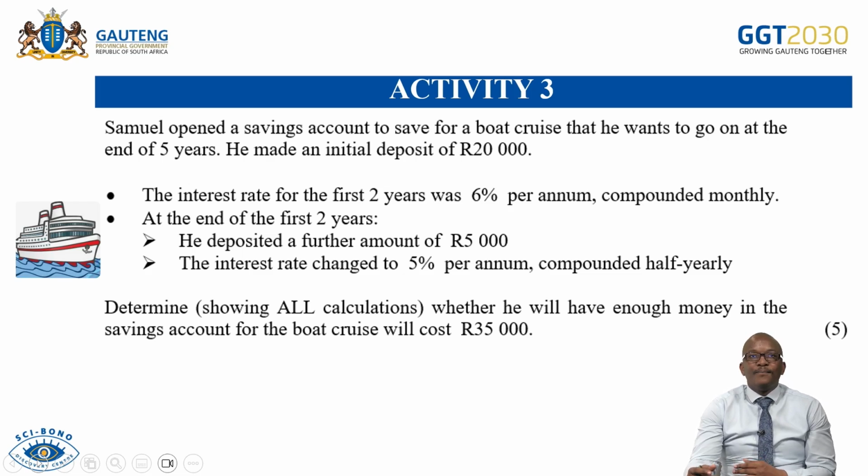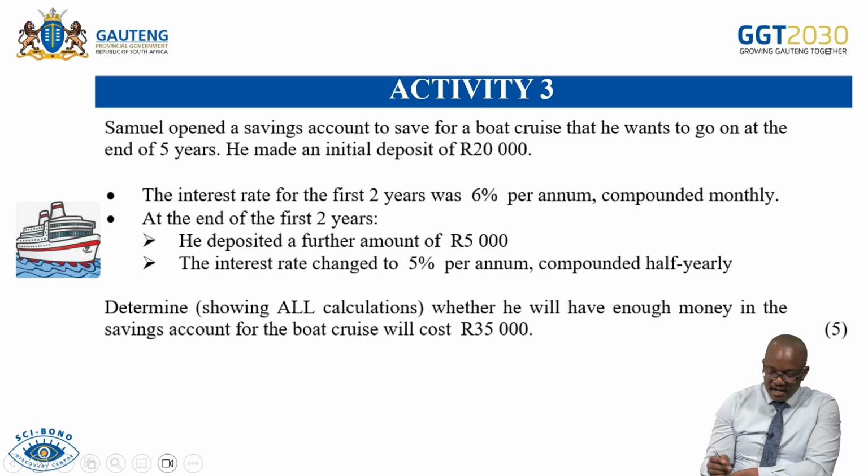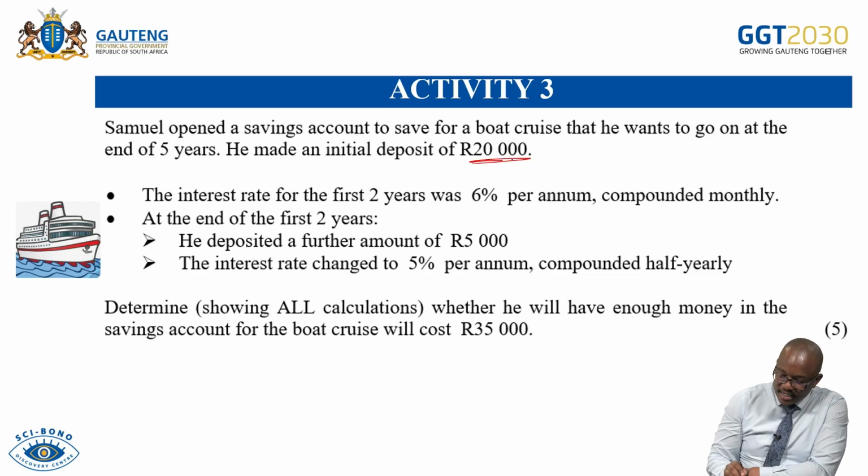And then he made an initial deposit of 20,000. Right. So now, the scenario is very clear.